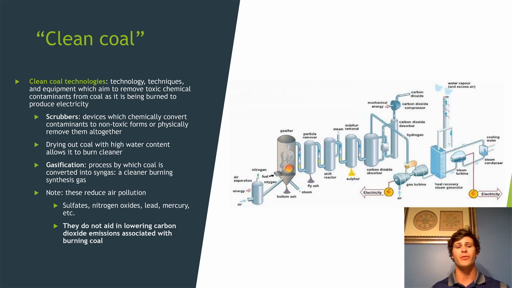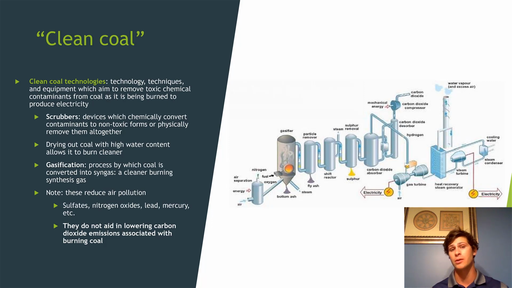Clean coal technologies refer to technologies, techniques, and equipment which aim to remove toxic chemical contaminants from coal as well as other fossil fuels. Basically, we scrub the air emitted from coal in order to remove those sulfides, nitric oxide toxins, anything nasty that we don't want injected into the atmosphere or into the air that we breathe. Now, there are several ways to go about doing this.